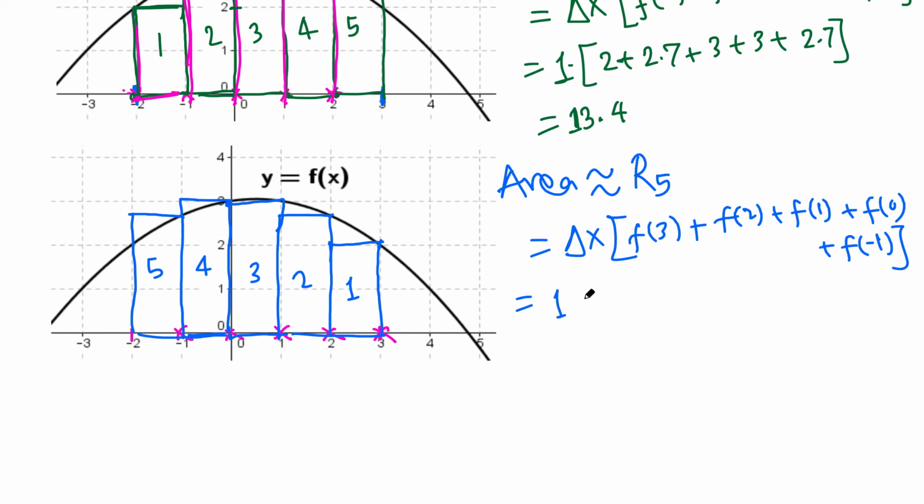So this is 1 times f(3), the height at 3. This height is 2. f(2), that's again the same thing here, in between 2 and 3 but close to 3, so I'm going to take 2.7. f(1), that's 3. f(0), that's again 3. f(-1), that's again in between 2 and 3 but close to 3, so I'm going to take 2.7.